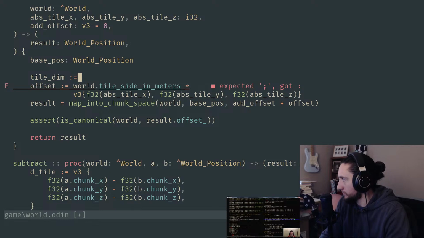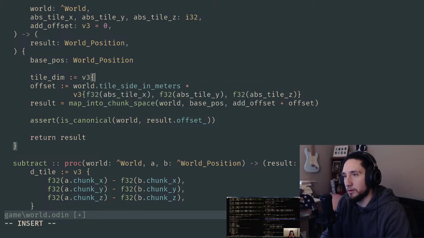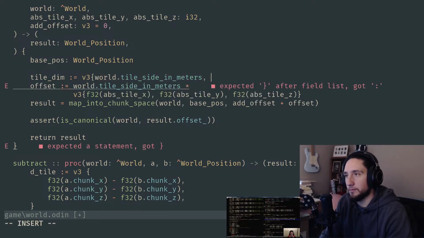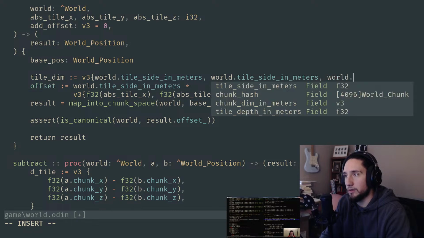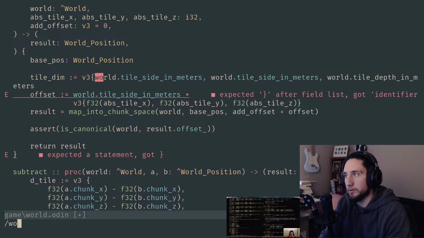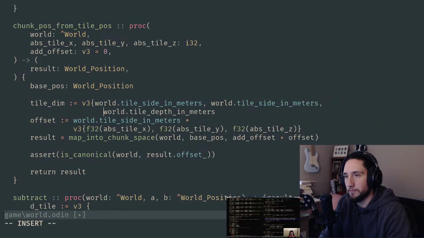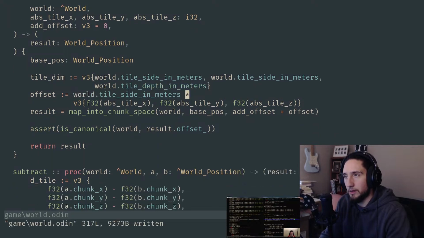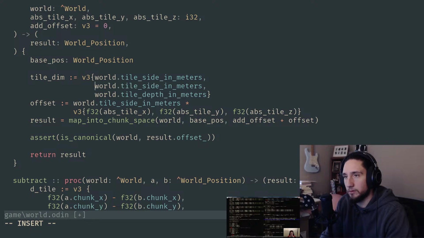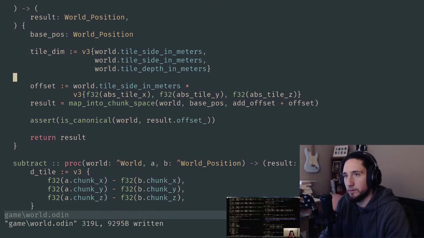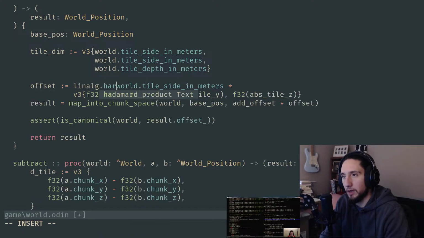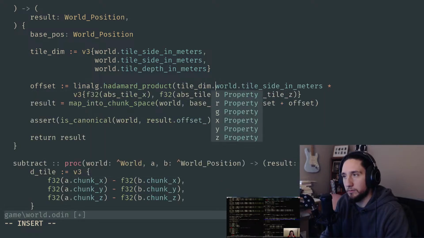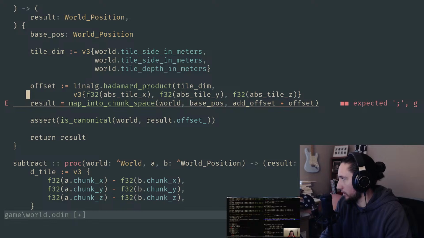So we have our tile dim, which is just going to be a V3 of the tile side in meters twice, followed by the depth for the Z-axis. And then I just split that up so it doesn't look so funky. And then we take the Hadamard of the tile dim along with all of that.